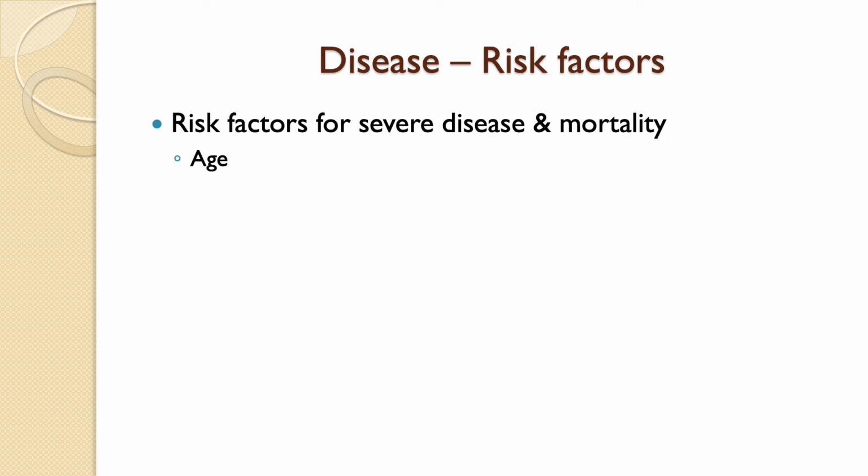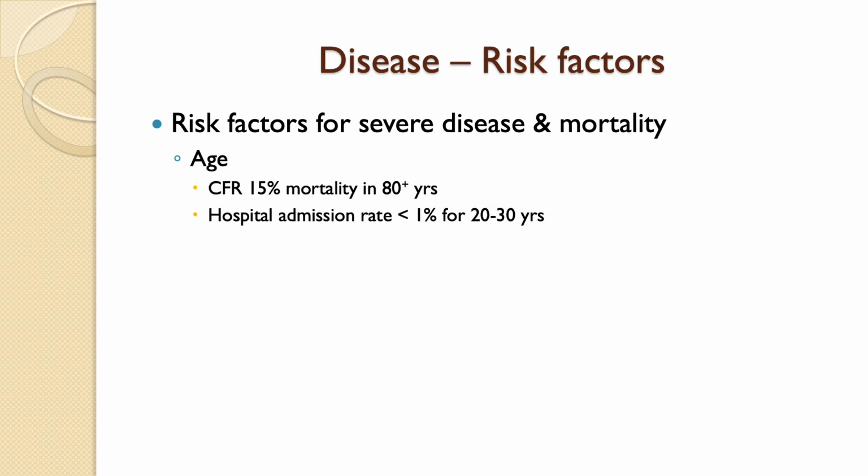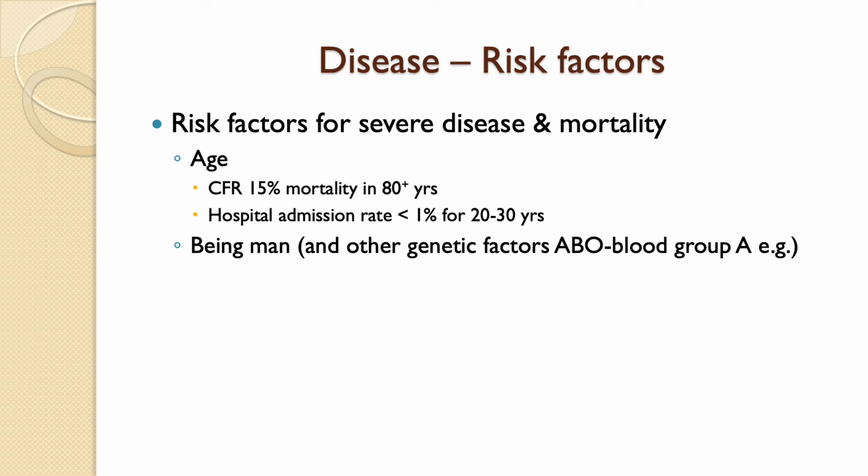Well, the first risk factor is age. The older you are, the higher the risk for having severe disease. And the case fatality rate in octogenarians or older is 15%. And the hospital admission rate for young people is less than 1% for people between 20 and 30 years of age.